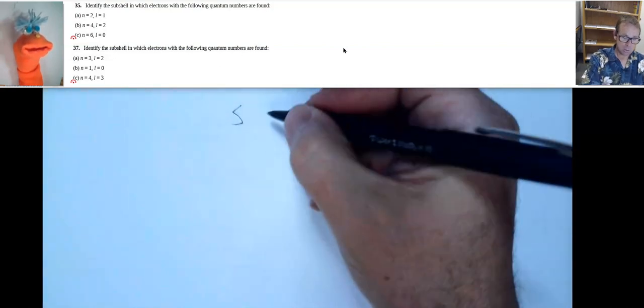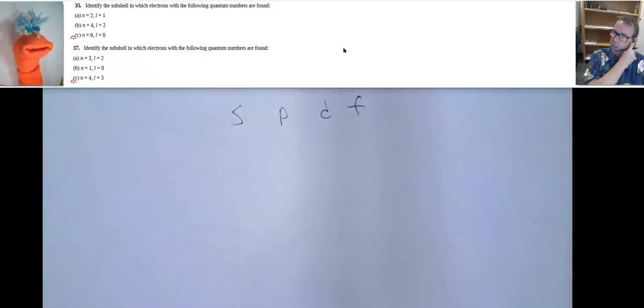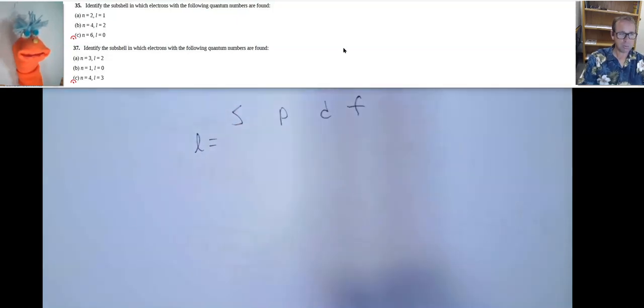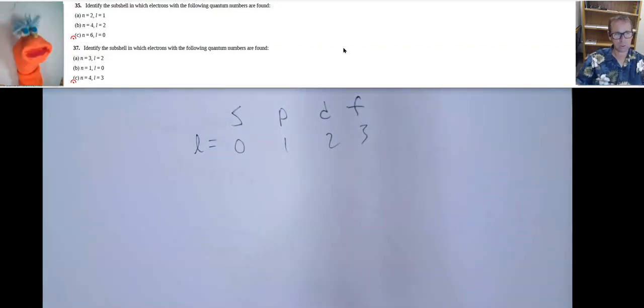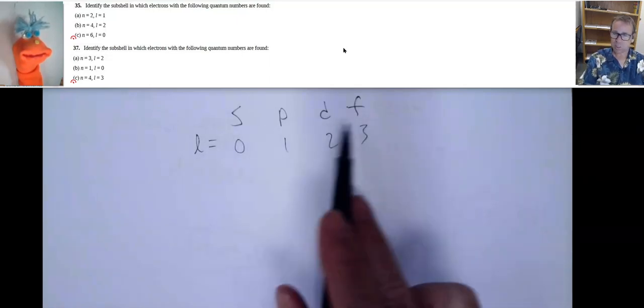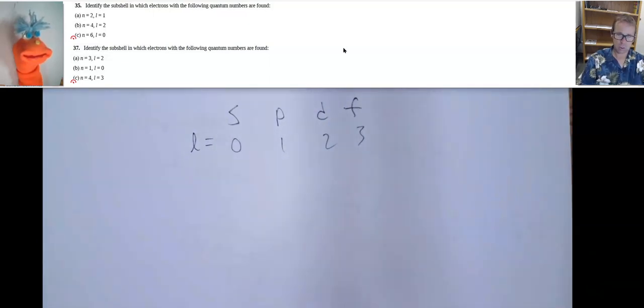Our subshells are the S, P, D, F letters, and they correspond to L equals 0, 1, 2, and 3. We start at 0 for S. Those are just letters we use to represent L values, to simplify when we're talking about our N value and our L value.